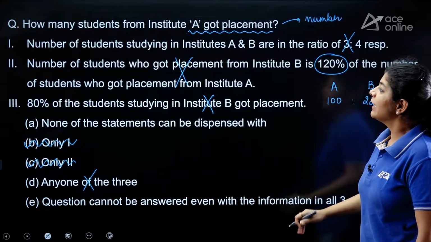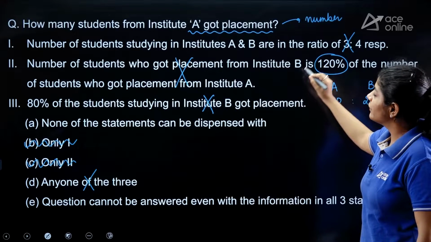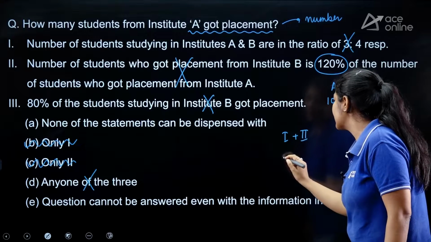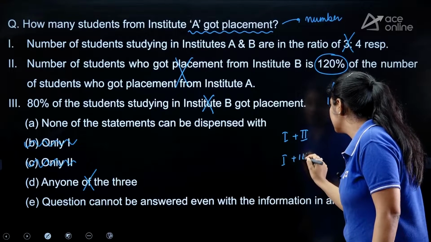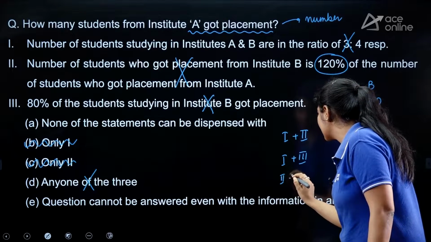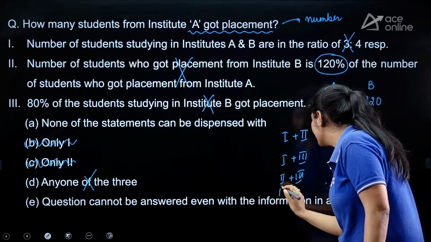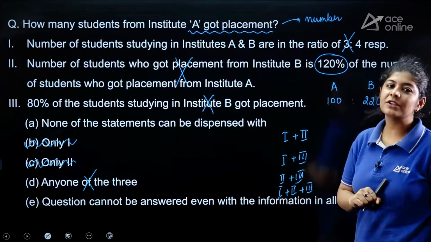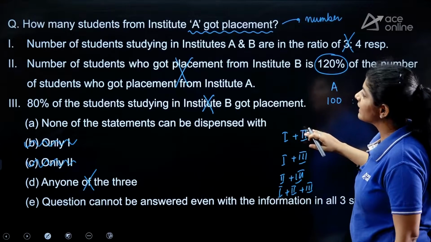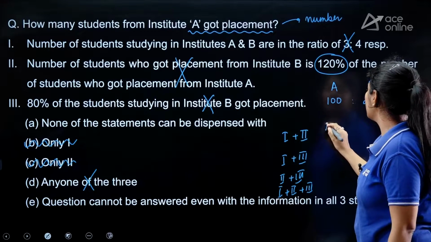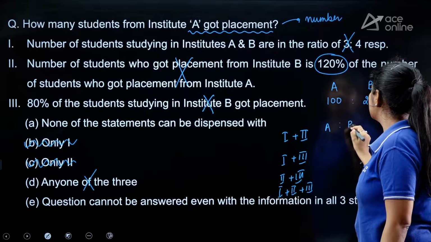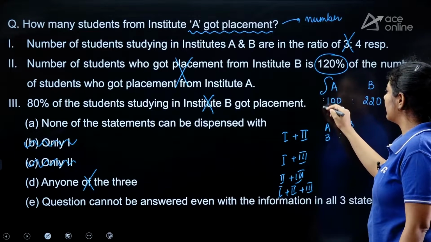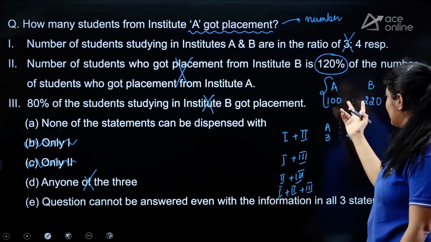So let's see. If we combine any two, the combinations that we can make are first and second, first and third, second and third, and first, second and third. This is the combination that we can make over here. First and second: the number of students, if I write it down, is 3:4, and the students who got placed are again in a ratio.